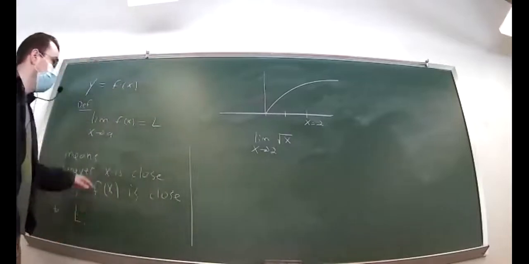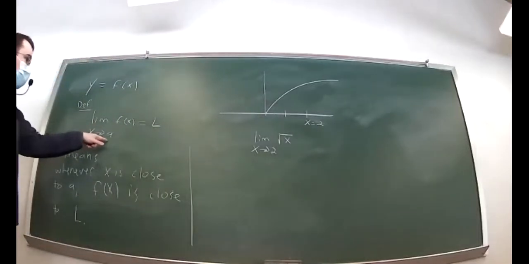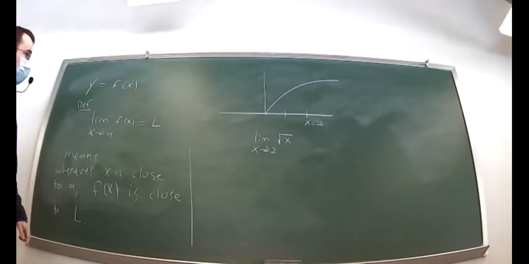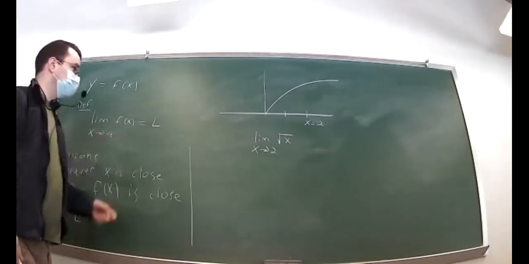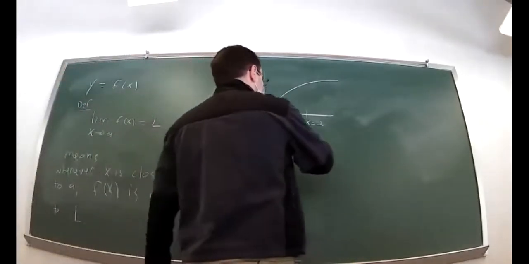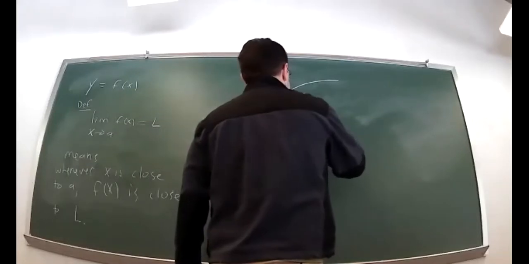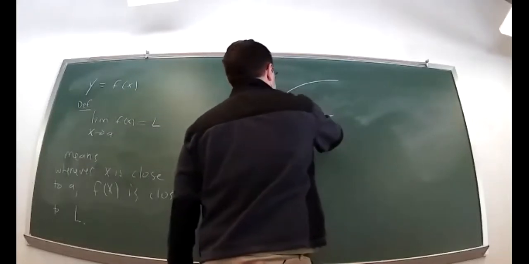So here, a is equal to 2, the limit as x goes to 2. Here, f of x is square root of x. I can ask myself, what's the limit as x approaches 2 of f of x?